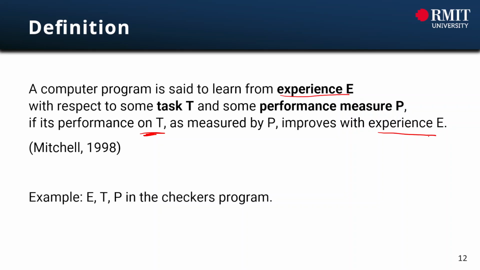Okay, I would like to repeat. A computer program is said to learn from experience E if it can do the task T better and better when it sees more experience. When it sees more experience, it can do better.